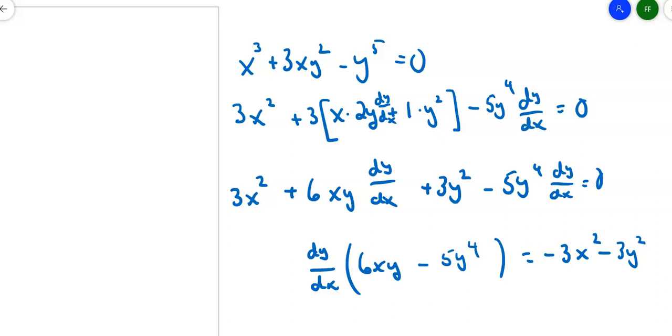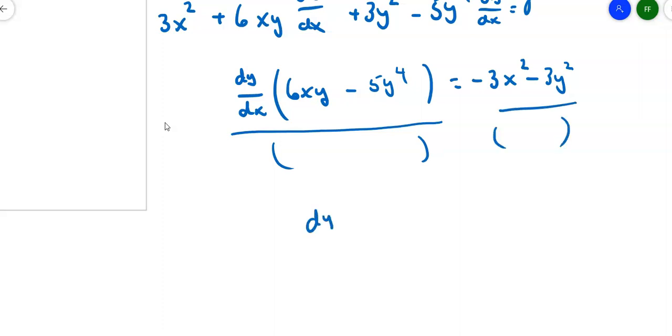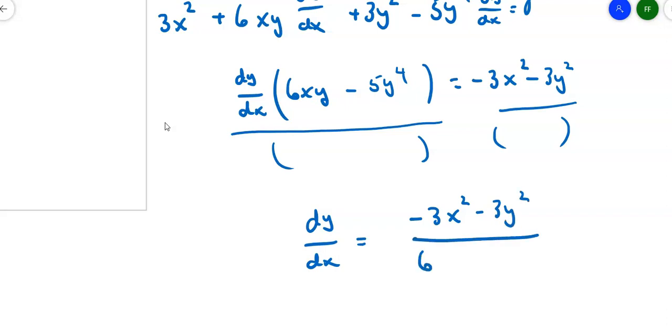And then we divided both sides by that item in parentheses. All right, so we divided both sides by whatever was in parentheses, and we came up with dy dx equals negative 3x squared minus 3y squared over 6xy minus 5y to the fourth.